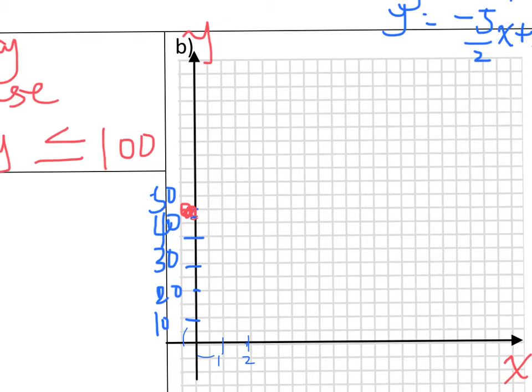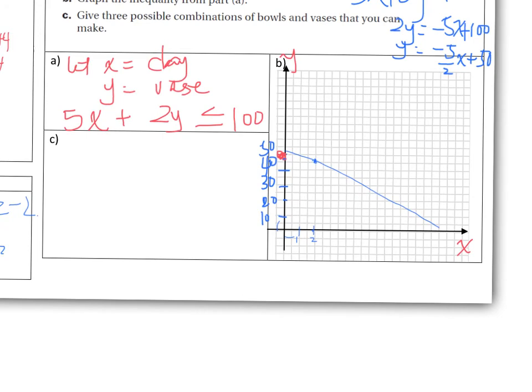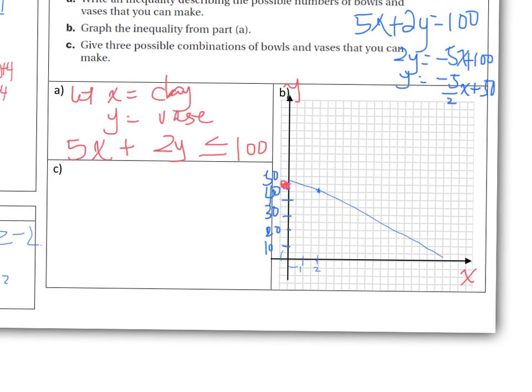So maybe it's around right here. So we're going to make my graph. Okay. And it's a solid line because of the greater than or equal sign. And I'm going to do the 0, 0 test. 0, 0. Yes, 0 is part of the solution, so this should be your graph.